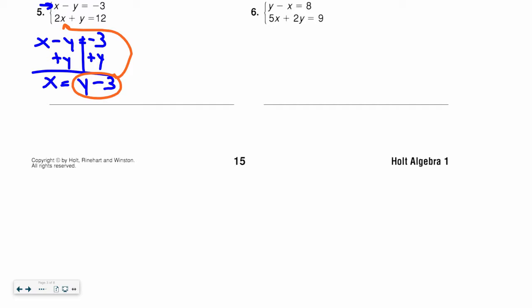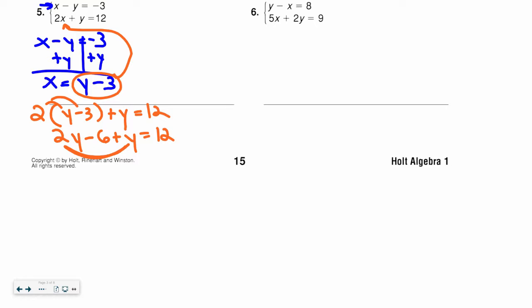So it becomes 2 times y minus 3 plus another y equals 12. I then distribute, so I get 2y minus 6 plus y equals 12.